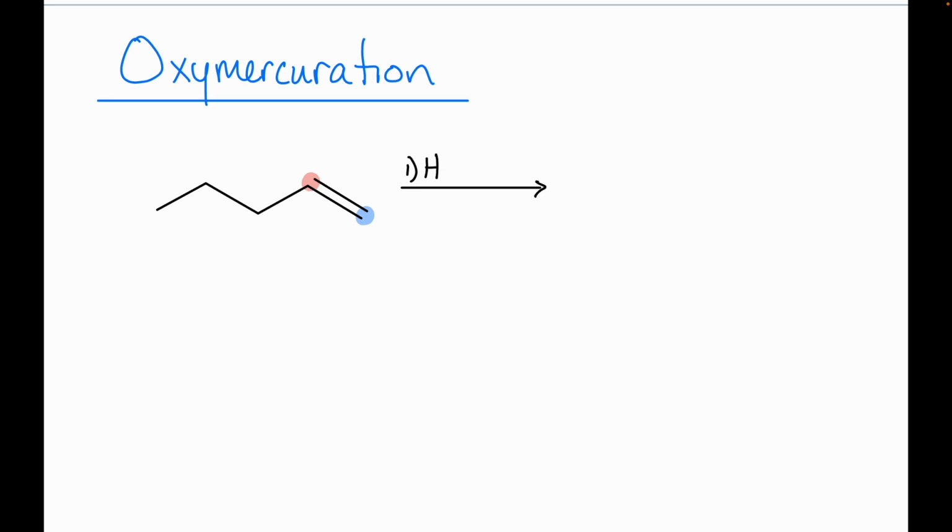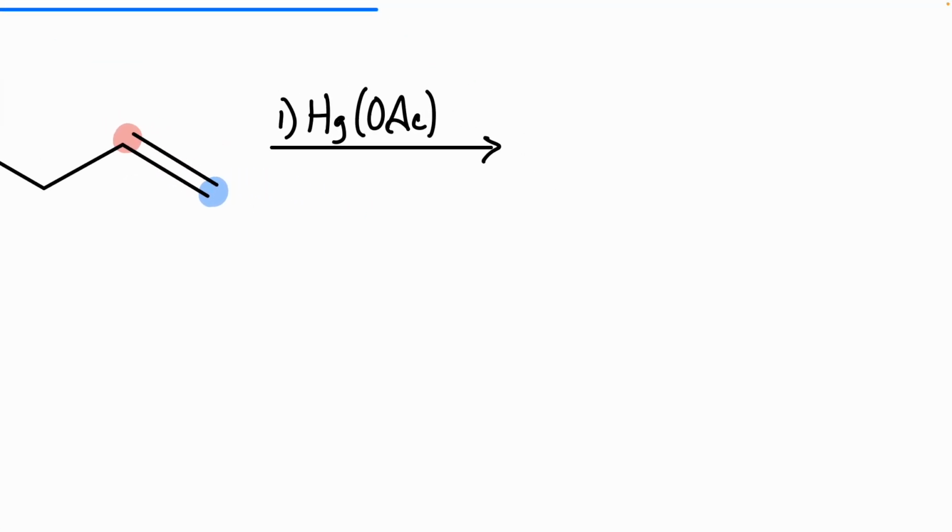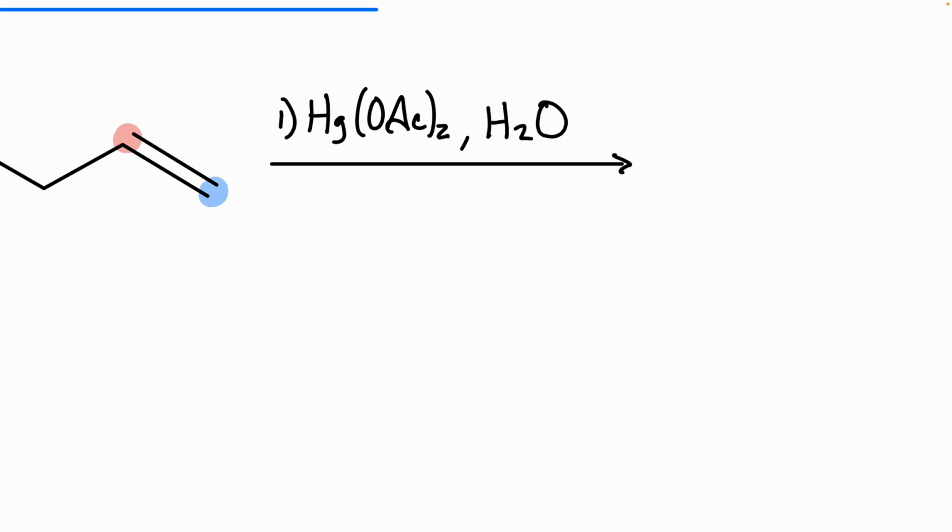All right, and what we're going to use is what's called mercury acetate, Hg(OAc)2, in water. So this mercury acetate is going to help catalyze the addition of this water molecule in this reaction. Okay? In order to break down this intermediate that you create, you have a second step where you follow it up with this reducing agent, sodium borohydride.